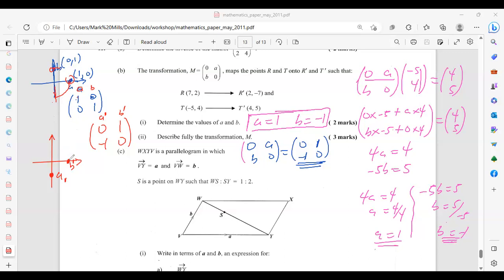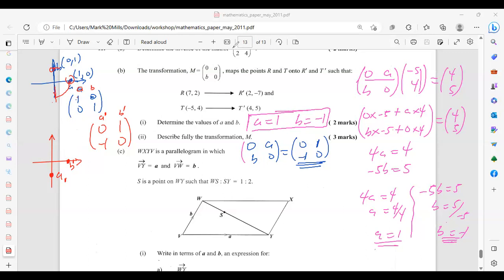So from here to here, how many degrees is that? 90, right? 90 degrees.